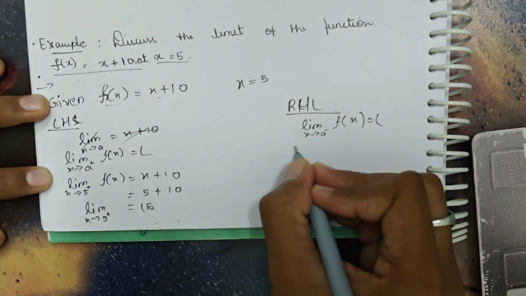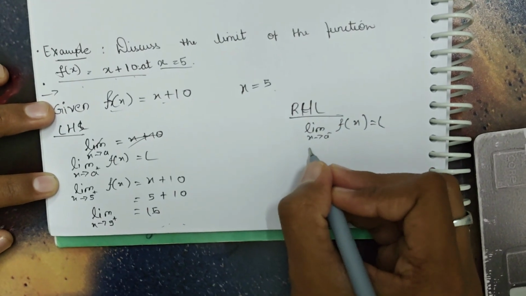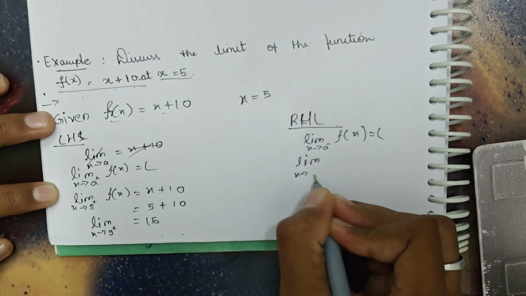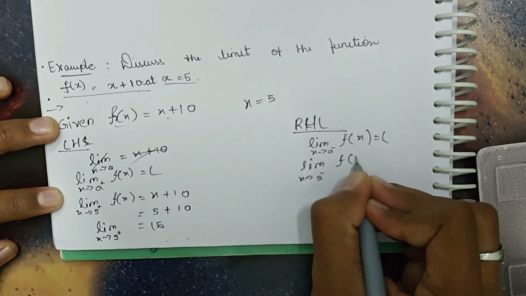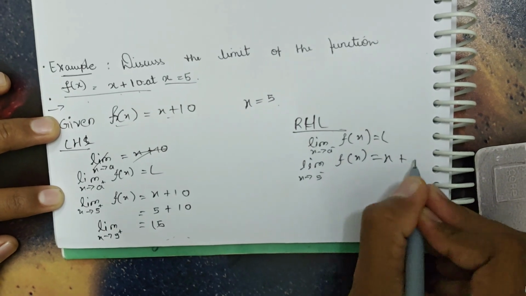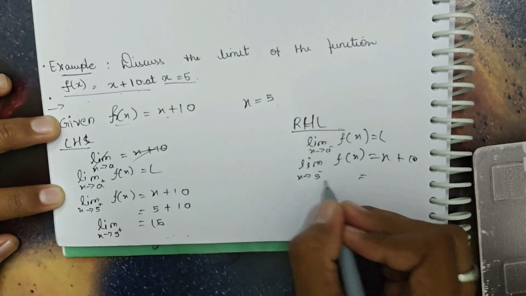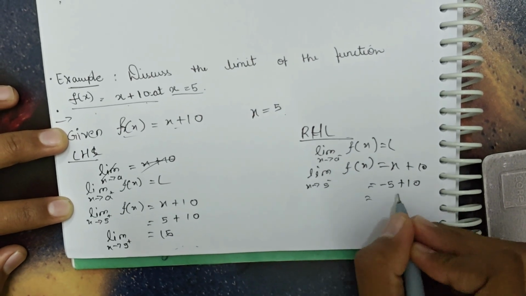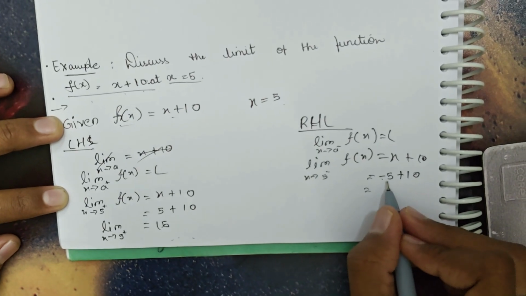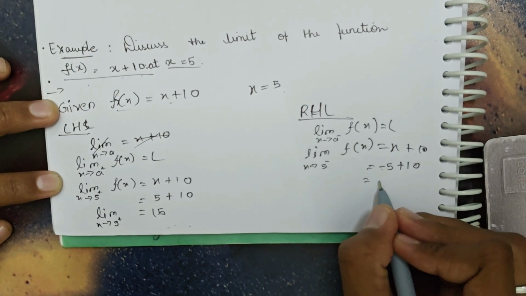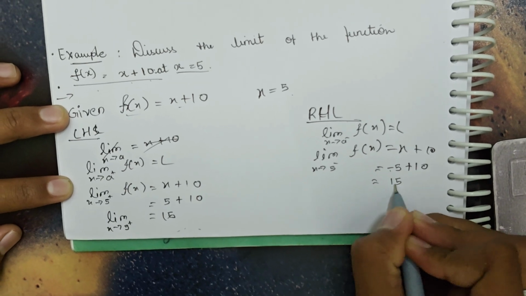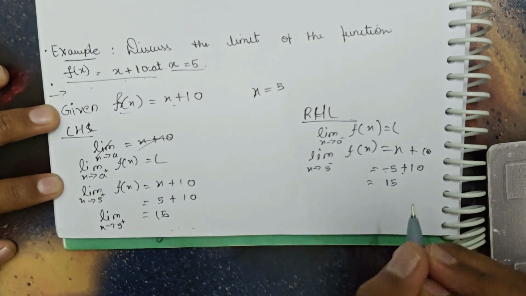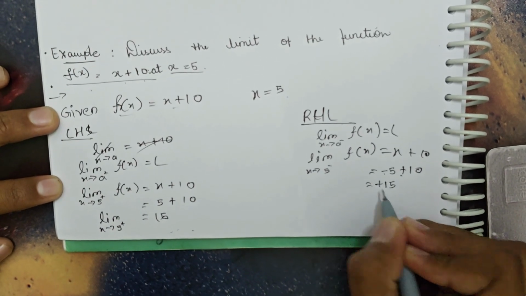And another thing, in RHL, limit x tends to 5 minus, f of x is equal to x plus 10, and the x value is 5 minus, so 5 plus 10, that is the value of 15, the same also.